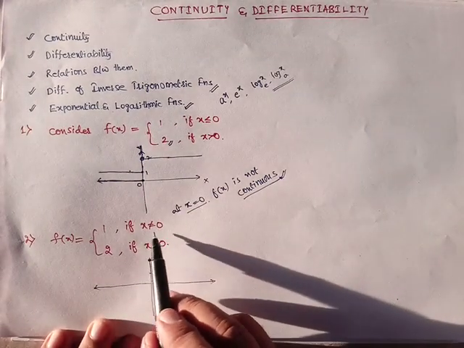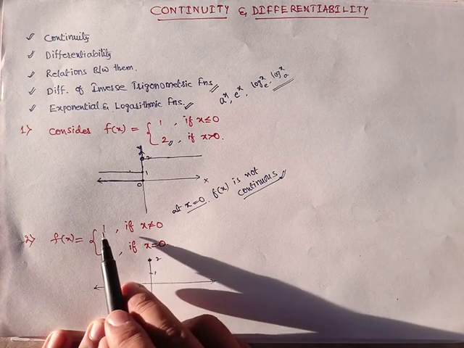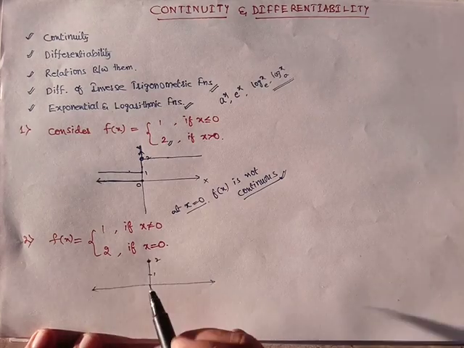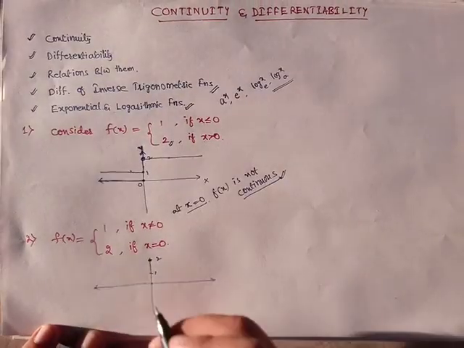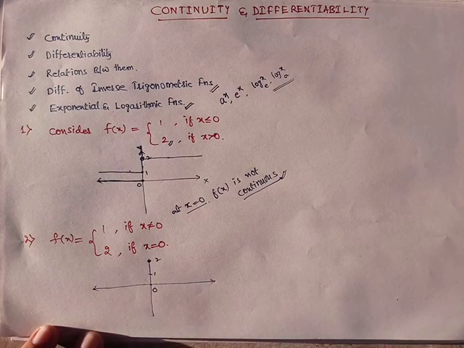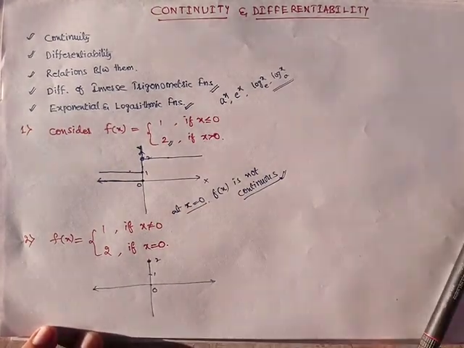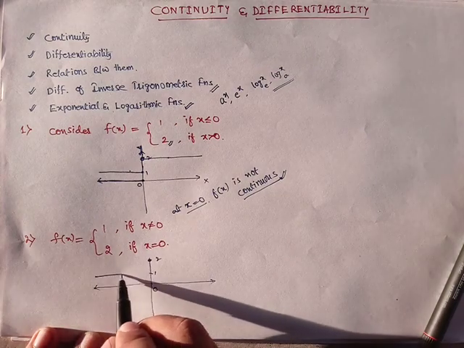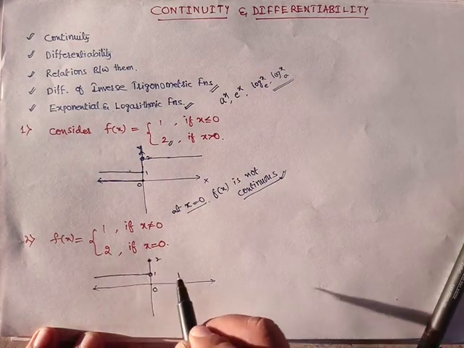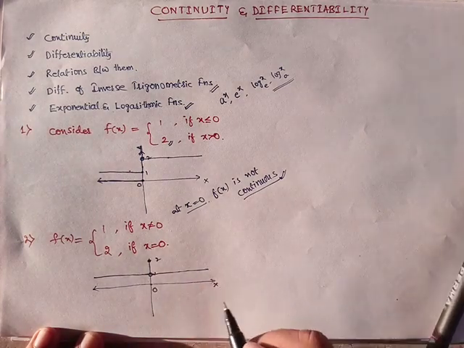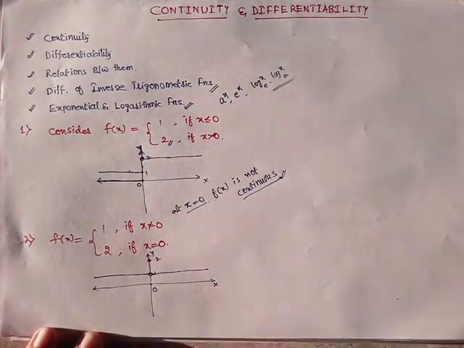And for x not equal to 0, it is taking 1. So this is your x equals 0 point, and except at x equals 0, this is your graph. Don't take any value at x equals 0, and this will be your graph. So this is the x-axis, and this is the y-axis.